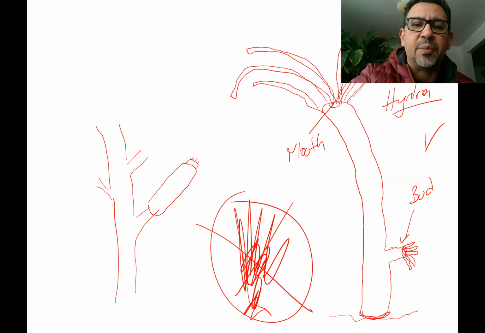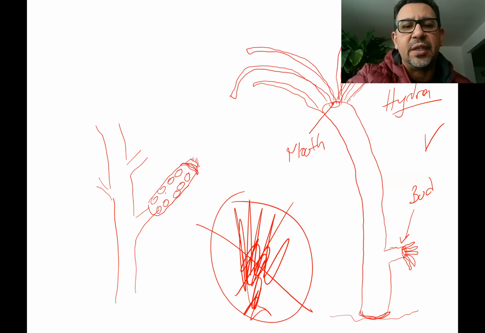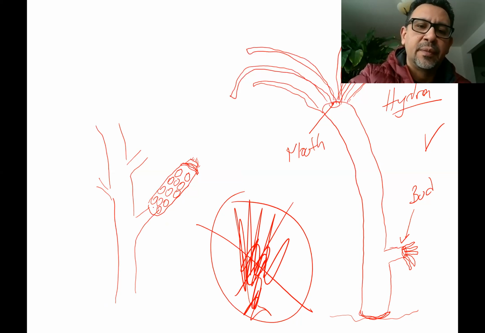Remember that the polyps used for reproduction do not have tentacles, but they do have little medusa buds inside. And so I'm taking the time to draw some little tiny circles in here representing the little medusa buds.